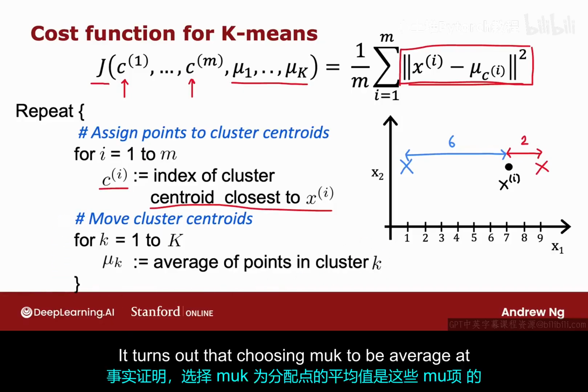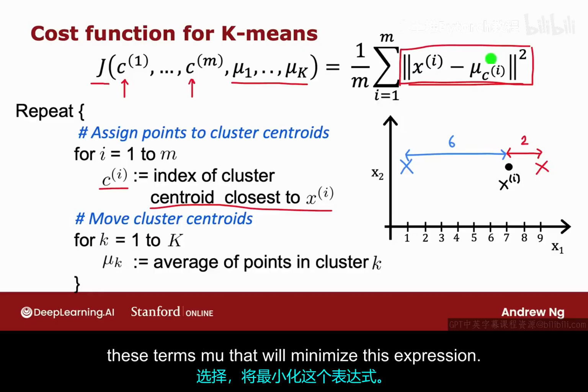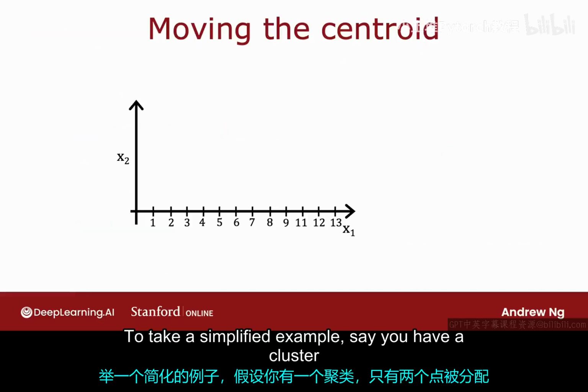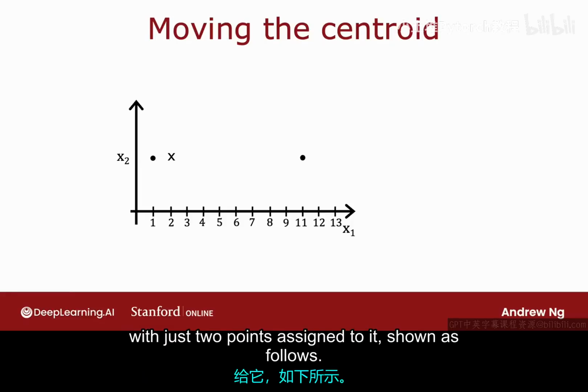It turns out that choosing mu k to be the average or the mean of the points assigned is the choice of these terms mu that will minimize this expression. To take a simplified example, say you have a cluster with just 2 points assigned to it, shown as follows.